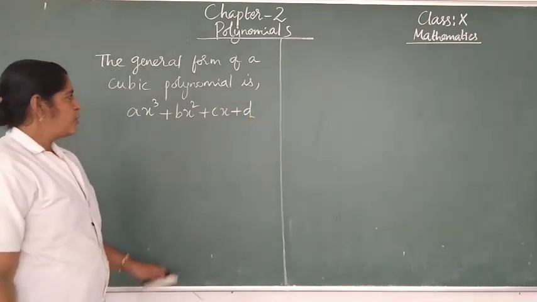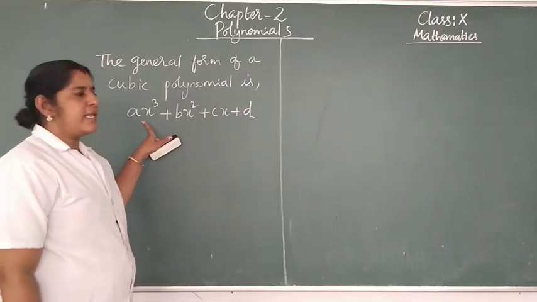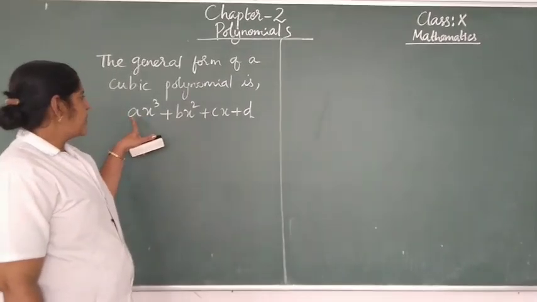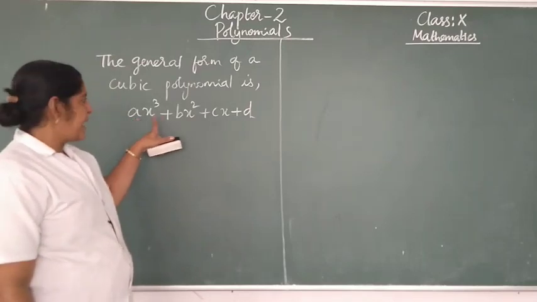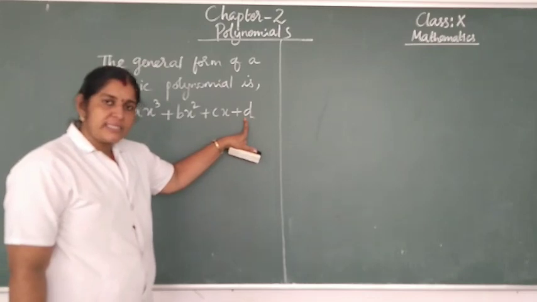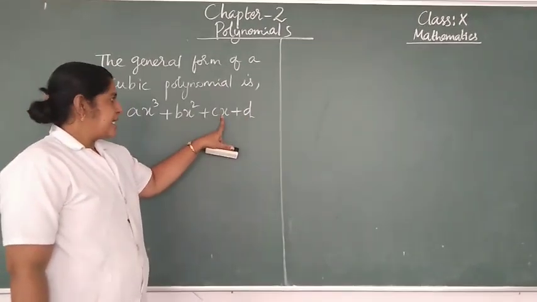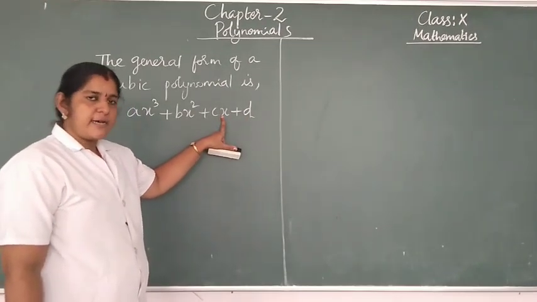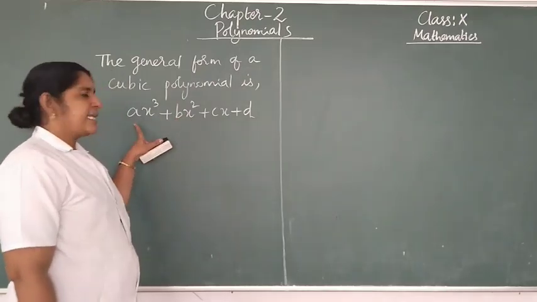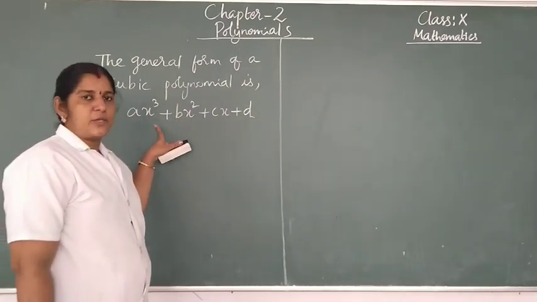So you know that a cubic polynomial is of degree 3 and you can see the coefficients here a, b, c, d, where d is considered as the constant term, c is the coefficient of x term, b is the coefficient of x square term, and a is the coefficient of x cube term.